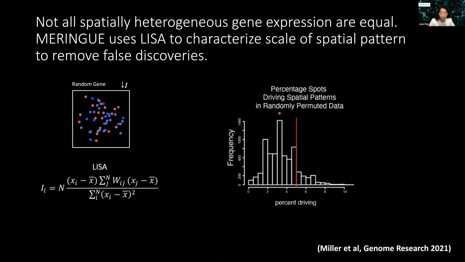These are the frequencies of random genes that are detected as significantly spatially autocorrelated versus the percentage of cells driving that particular spatial pattern. So if we just use a threshold of 5%, we can get rid of all of these, which are essentially all false positives.